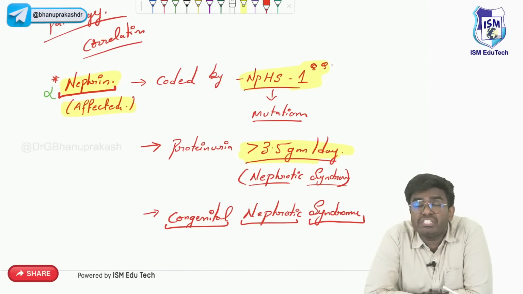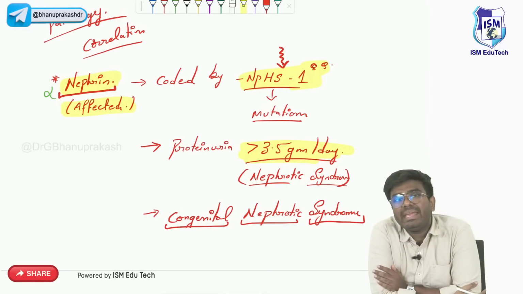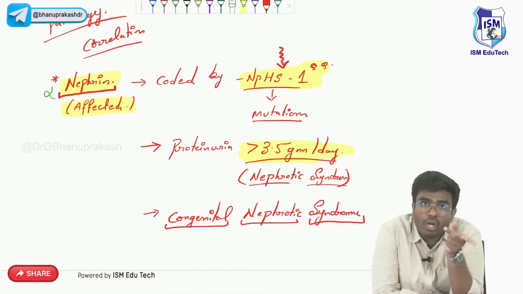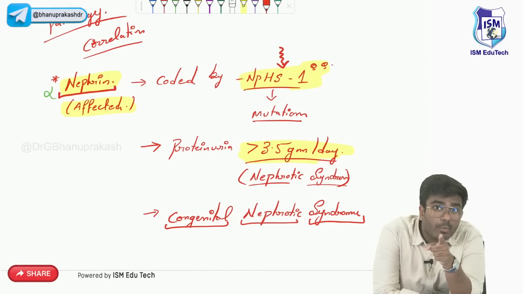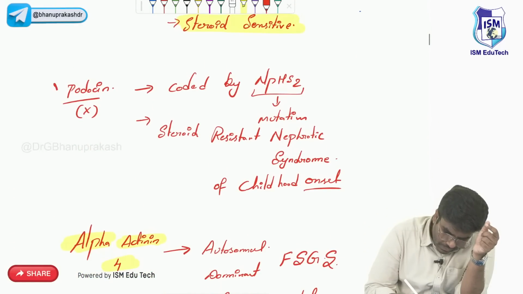Nephrin is coded by which gene? This is also a question which was asked. The NPHS1 gene helps in the production of nephrin. Now, podosin is also a protein of the slit diaphragm.